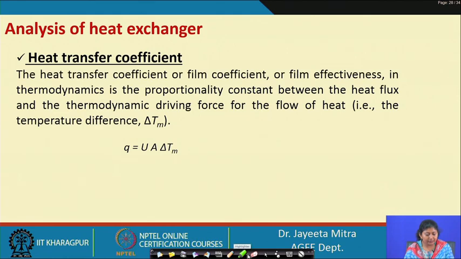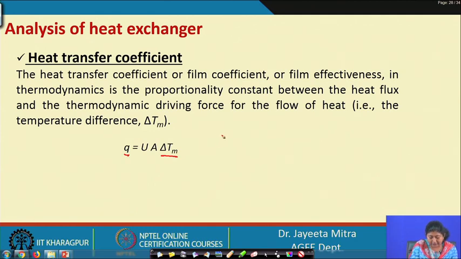So, the heat transfer coefficient, or film coefficient, or film effectiveness in thermodynamics, is the proportionality constant between the heat flux and the thermodynamic driving force.